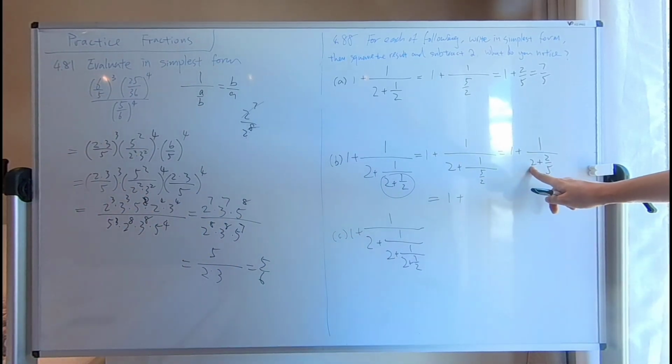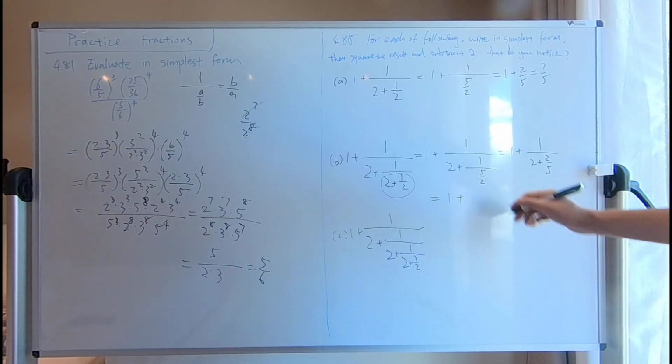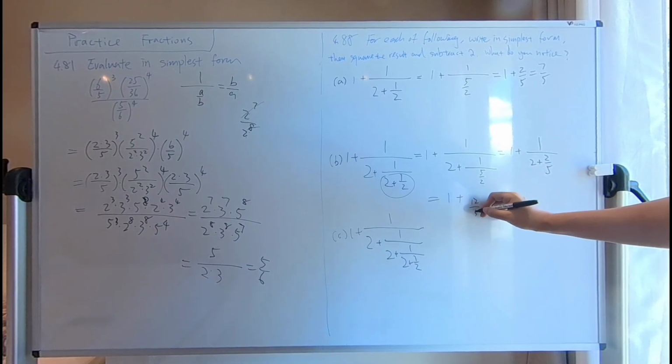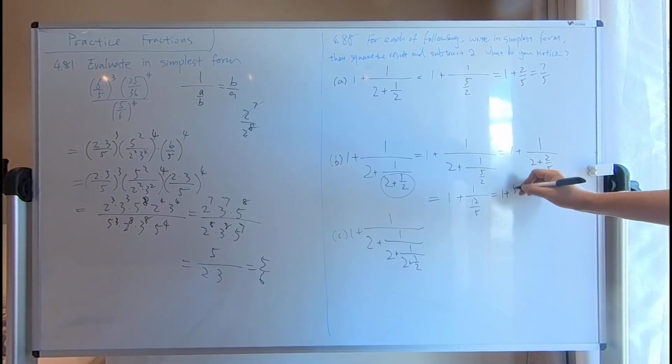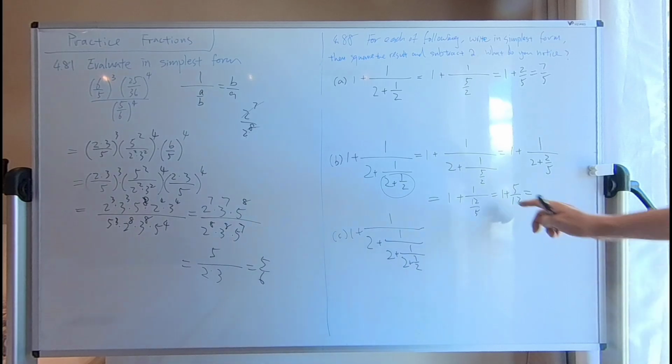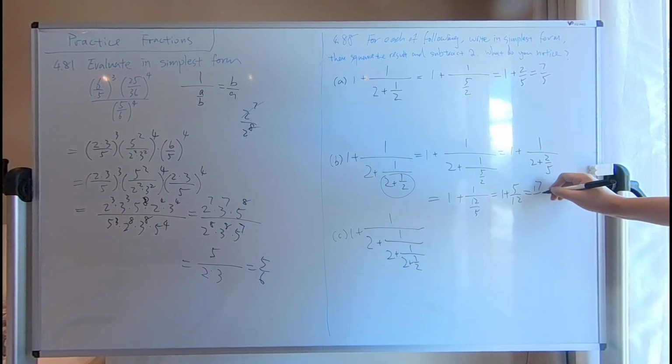Two is 10 over 5 if you want a common denominator. So 10 over 5 plus 2 over 5 is 12 over 5. The reciprocal of that is 5 over 12. And then 1 plus 5 over 12. 1 is 12 over 12, so it's 17 over 12.